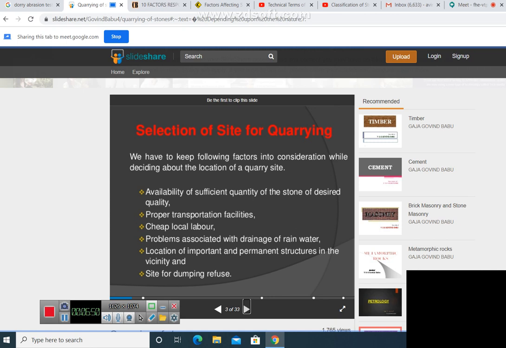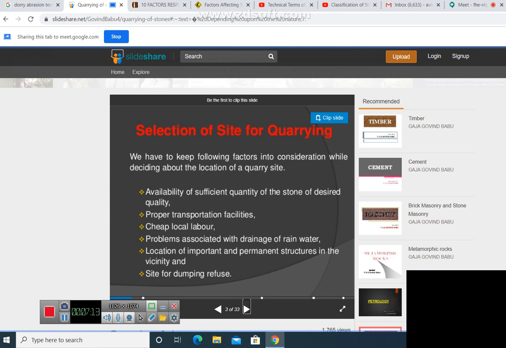Second, after the quarrying operation is done, the stones that are quarried should be transported to the next spot, that is the construction site. So proper transportation facilities should be available. The quarry should have a very good transportation facility. Then a lot of manual labor is required for quarrying operation.